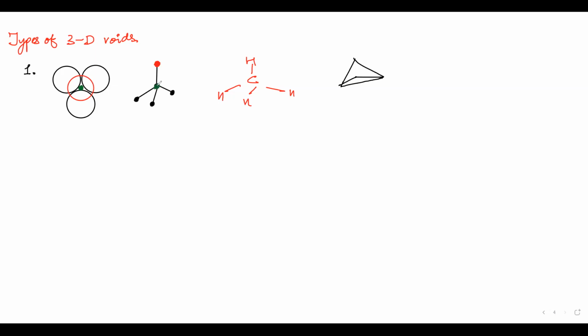I hope everyone of you recognizes this tetrahedral shape, right? Yes, sir. That's it. The name is tetrahedral void. What will be its coordination number? 4. How many friends? 4 friends. Okay. So this is your tetrahedral void.